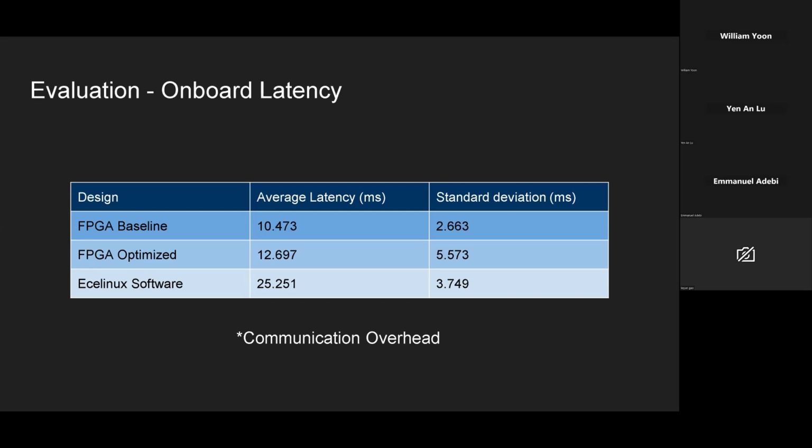And as you can see, the difference between the baseline and the optimized average latencies isn't necessarily too large, but that is largely due to the fact that there is a lot of communication overhead that ends up providing around 10 milliseconds. And when you look back at the previous designs and the previous speedups, then the around 2 milliseconds of difference is accurately shown.